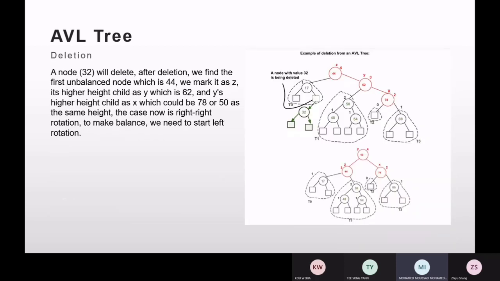For deletion, for node 32, when we delete node 32, the tree will be unbalanced, and we will make a rotation at node 62.